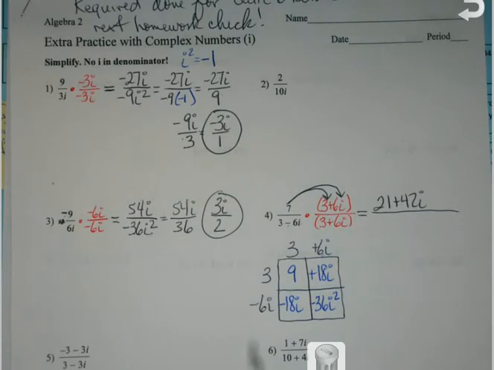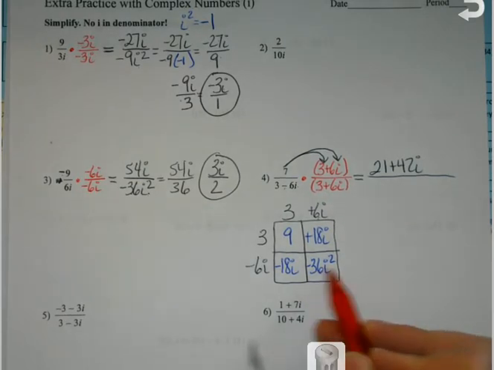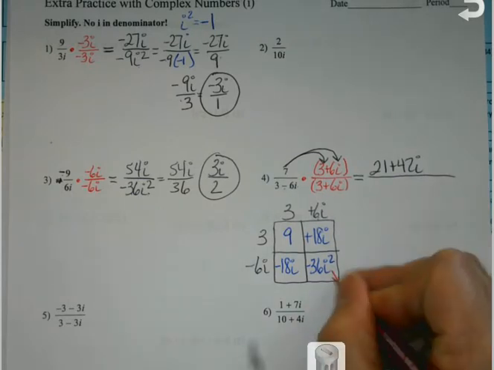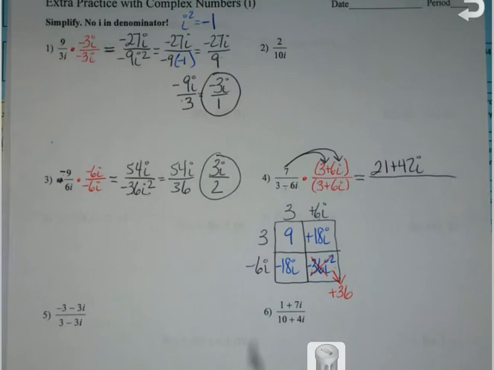But then I remember, okay, I see i squared. i squared is negative 1. So this is negative 36 times negative 1. And negative times negative makes this a positive 36. It just changes the sign on my 36. That's all i squared does.